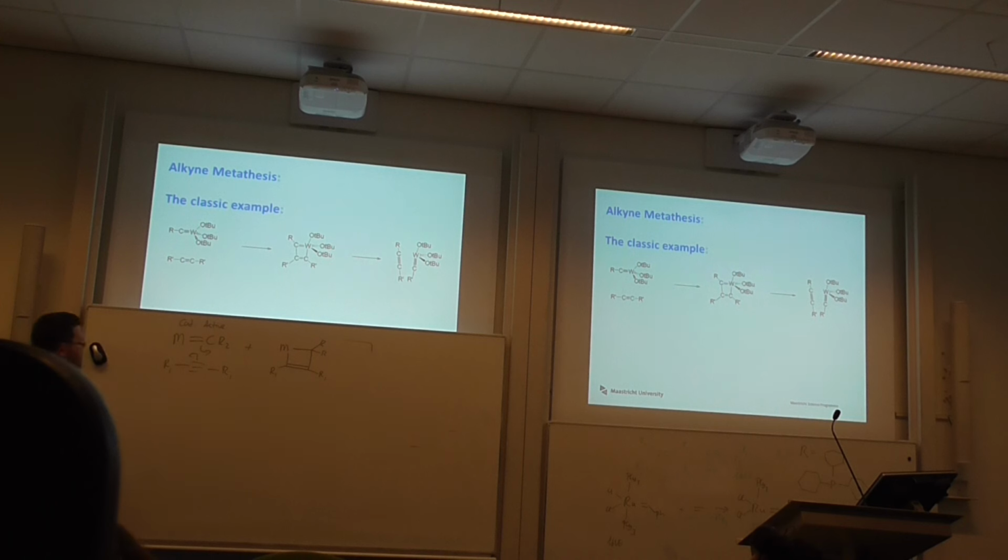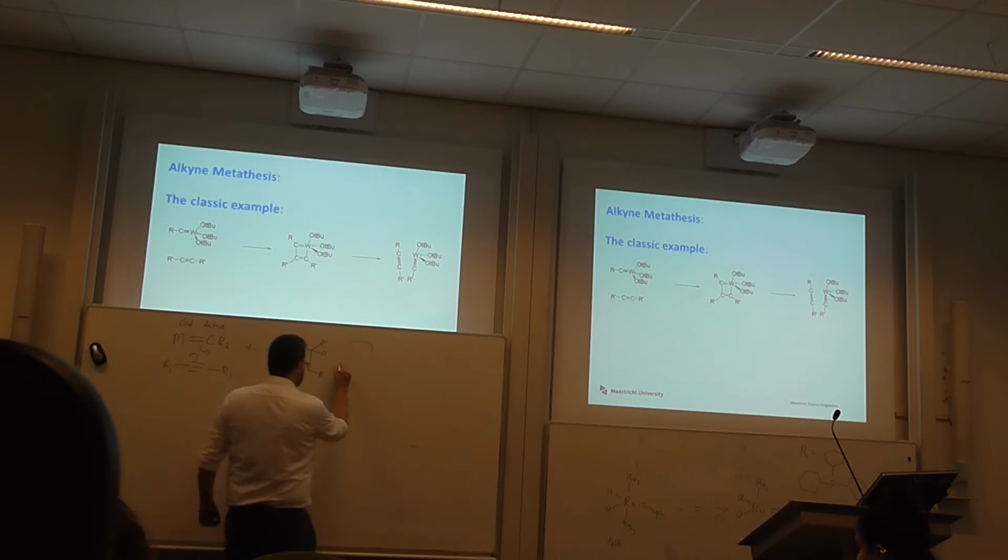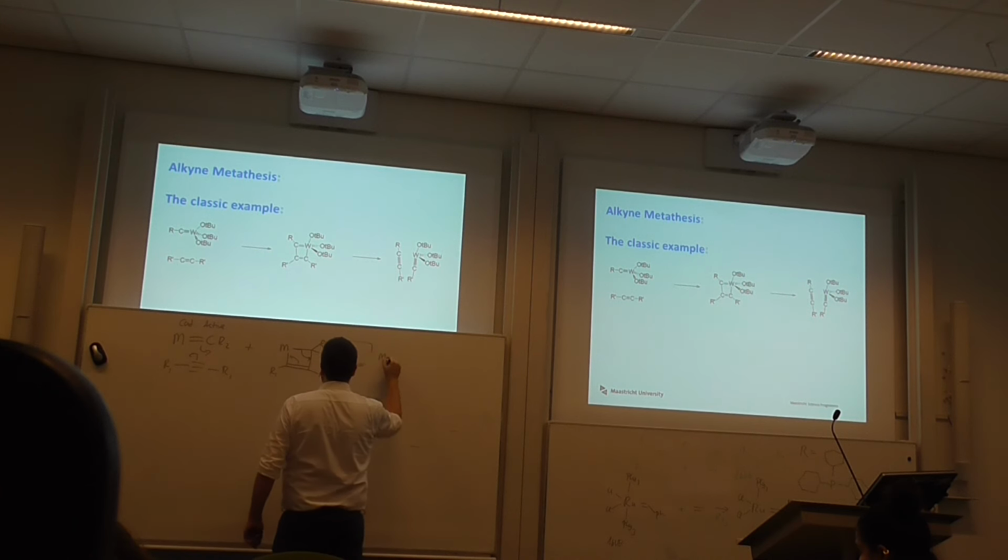Alright, that's the first step. And what's going to happen now? Oh, the same. Yeah, like again. But you get one molecule instead of two. We're going to then get something like this, aren't we? That's the intermediate, isn't it?